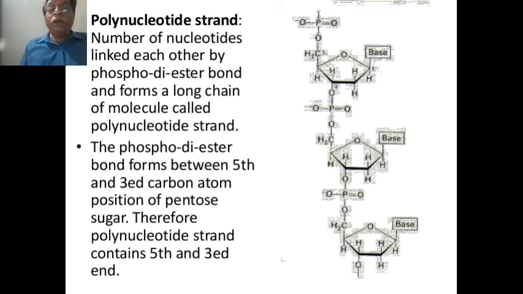Now, the phosphodiester bond forms between the fifth and the third carbon atom position of a pentose sugar.